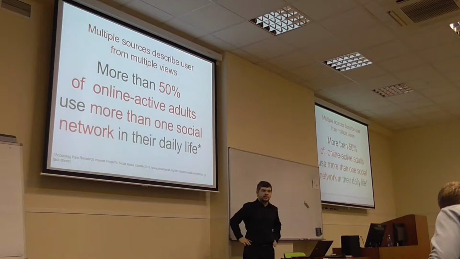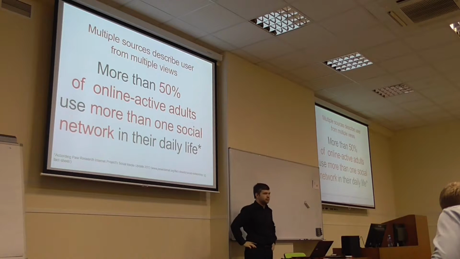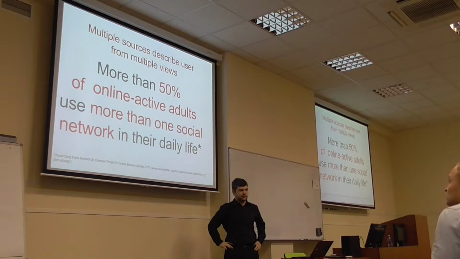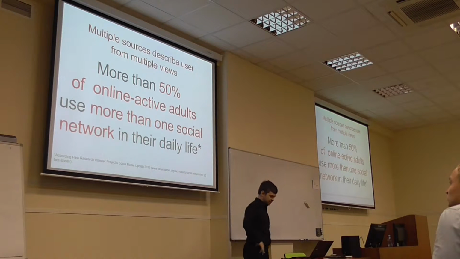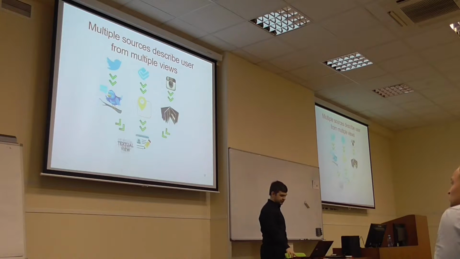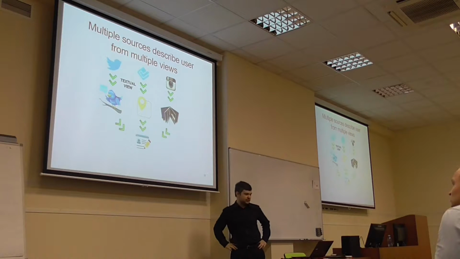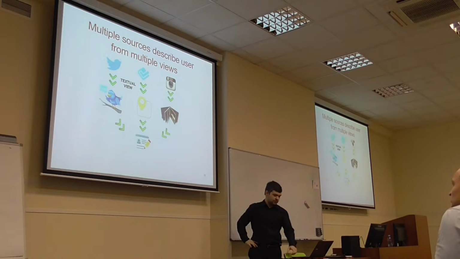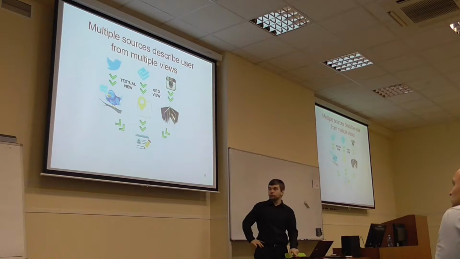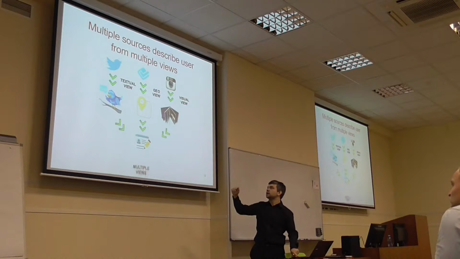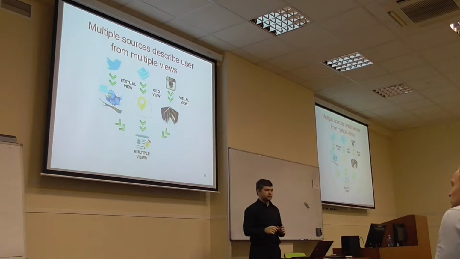At the same time, as I mentioned before, most people on the internet use more than one social source at the same time. So it makes sense to assume that our data, our user profile, can be seen from multiple views: from a textual view, from a geo view, like data from Foursquare, from an image or visual view, from Instagram, and all these forms are multiple views.